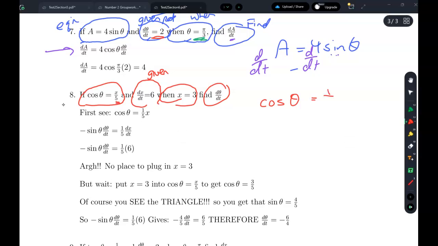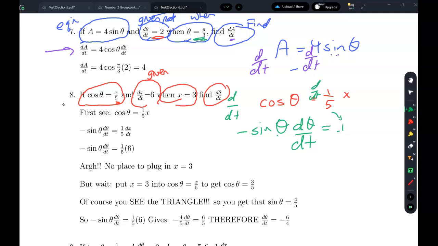So let's be careful and just rewrite that as 1/5 x. So if I go take the derivative with respect to t on both sides, this gives me a negative sign, carry the angle along, and then multiply by the derivative of the angle, equals, carry the number 1/5 along, and take the derivative of x, which is dx over dt.